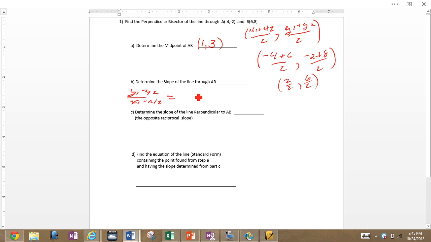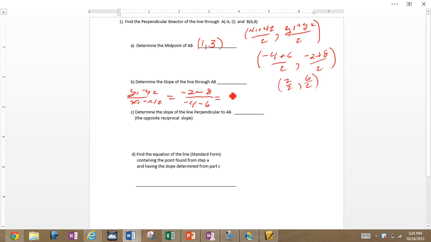Going back and identifying these, y1 would be -2 minus y2, which would be 8, over -4 minus 6. Again, y1, -2 minus 8, over the differences in the x's, which is -4 minus 6.